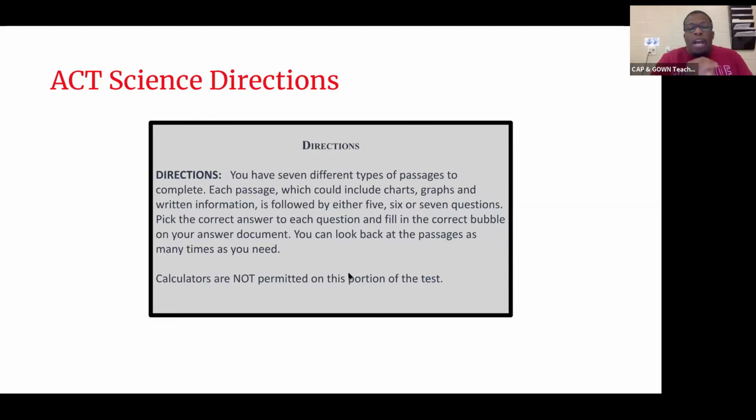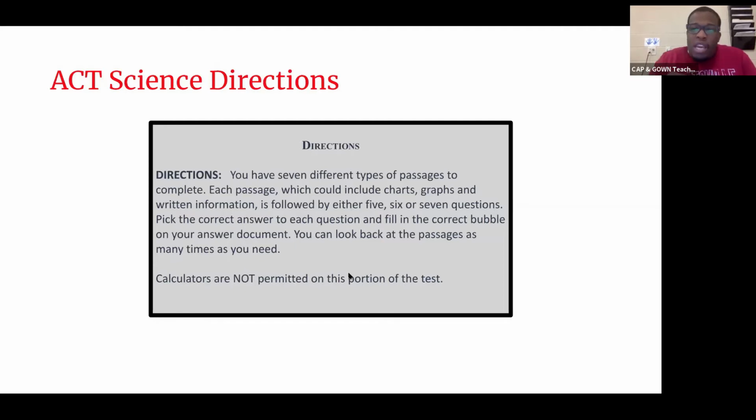The main thing I want to hit on in the directions is that if you have 5 or 6 minutes per section, make yourself familiar with the directions of every section, because time you waste reading the directions in this test is time you don't have to be reading a passage, interpreting data, or answering questions.